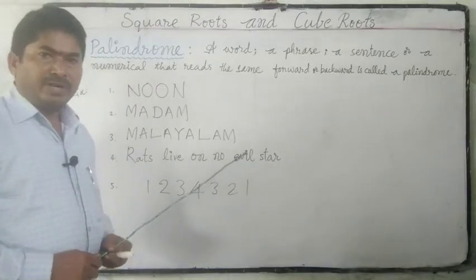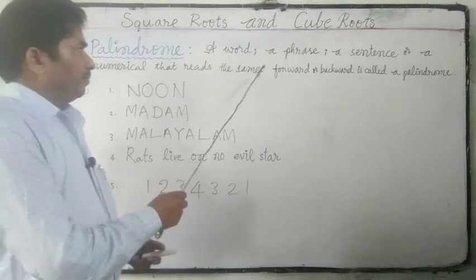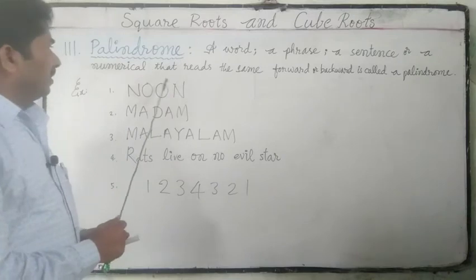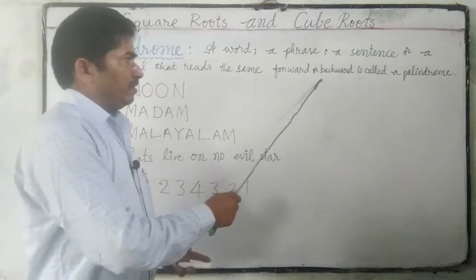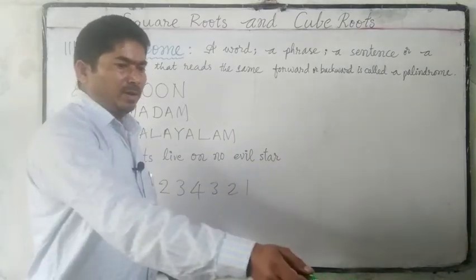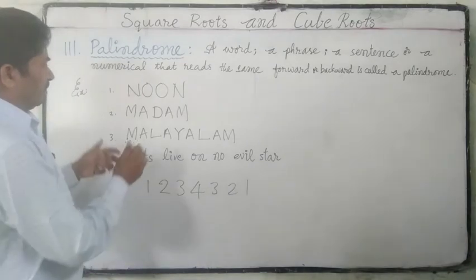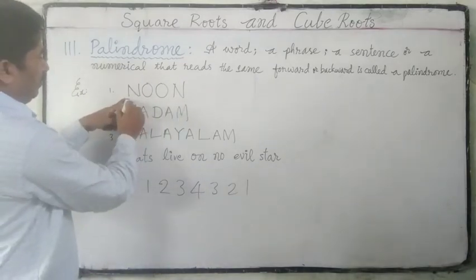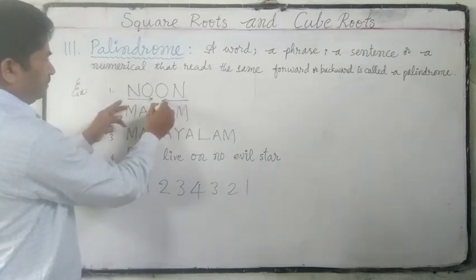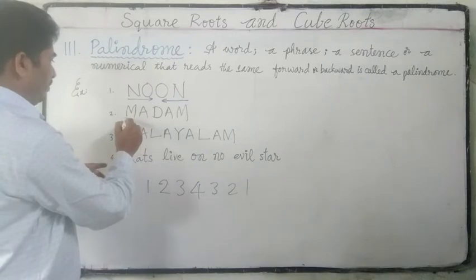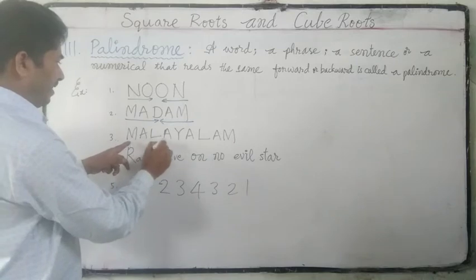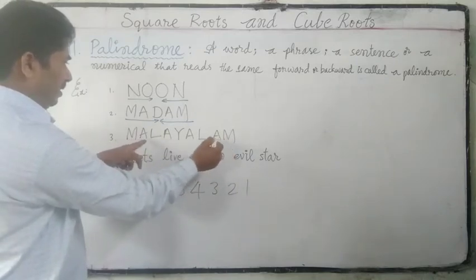Palindrome. What is a palindrome? A word, a phrase, a sentence, or a number that reads the same forward or backward is called a palindrome. Let us observe a few examples here. Noon: from forward, backward, same letters. Madam. Malayalam.